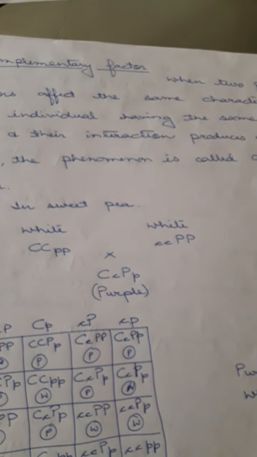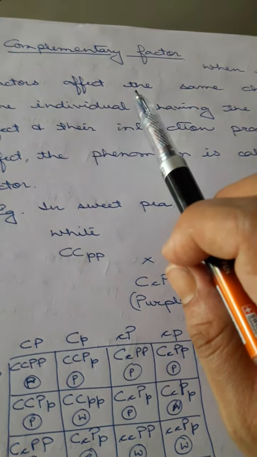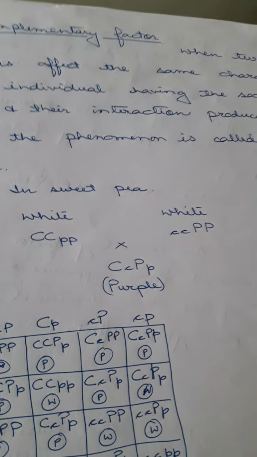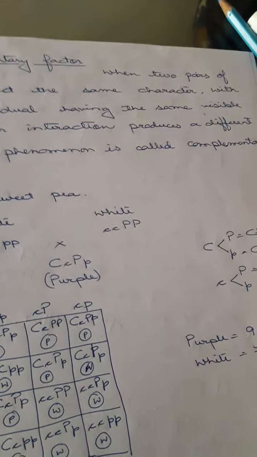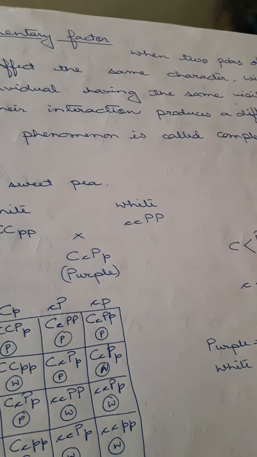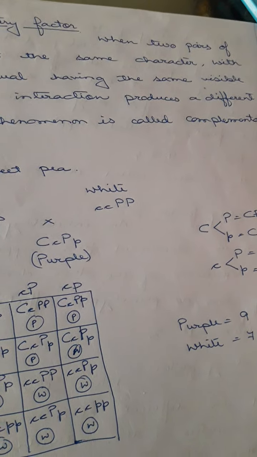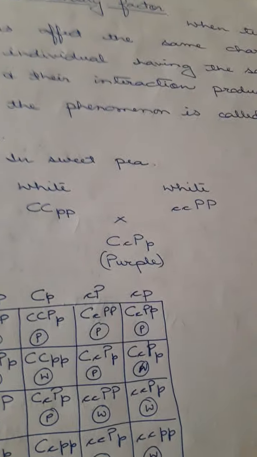Next we come to the complementary factor. Here two pairs of factors affect the same character, with individuals having the same visible effect, and their interaction produces something different.